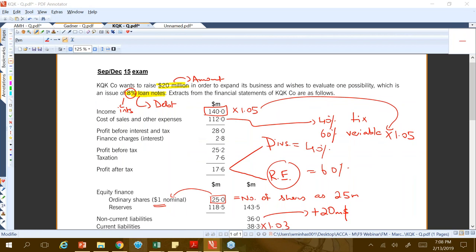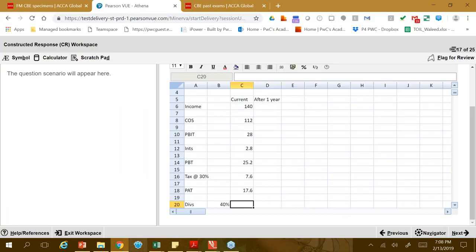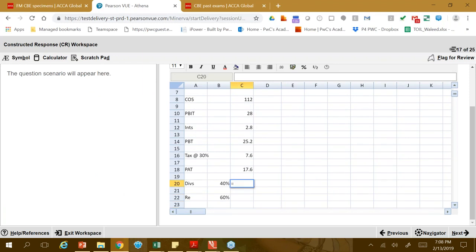And profit after tax is 17.6. So just copying the given information. And now I can find the dividends, which will be C18 times B20. And the remaining balance is retained earnings. So that is C18 times the 60%. That is 10.56 retained earnings. So the current scenario is done. The current numbers are done.